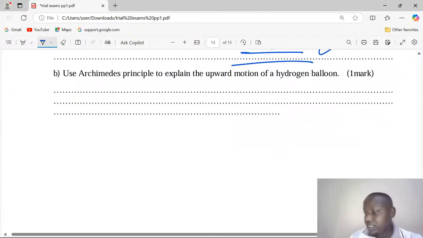Another question is asking us to explain, using the Archimedes principle, the upward motion of a hydrogen balloon.